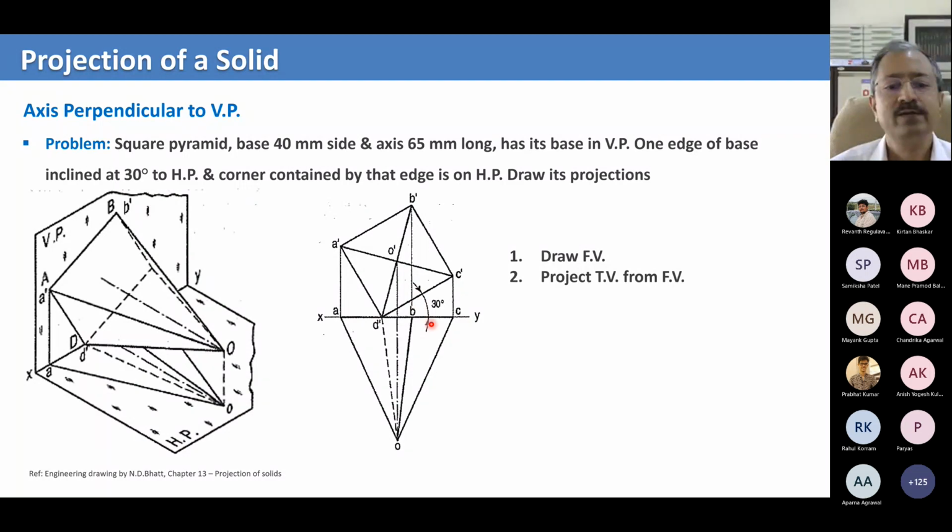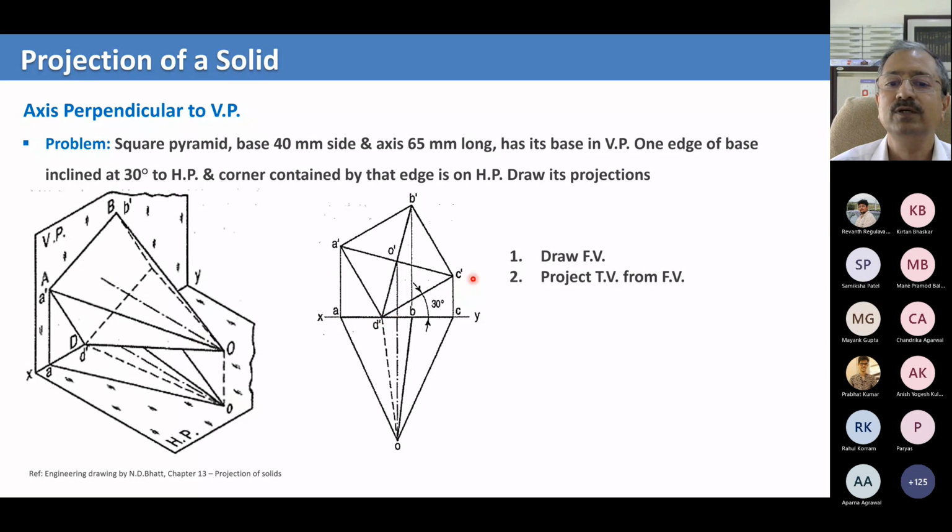So let's say that the point D happens to be on the XY line. In fact, you can make the XY line pass through the point D. So that's taken care of. D is marked, which is D dash, the same as the intersection of D with either of the planes, which is the XY plane. Now you can draw this DC line, because that is given to you, which is 30 degrees.